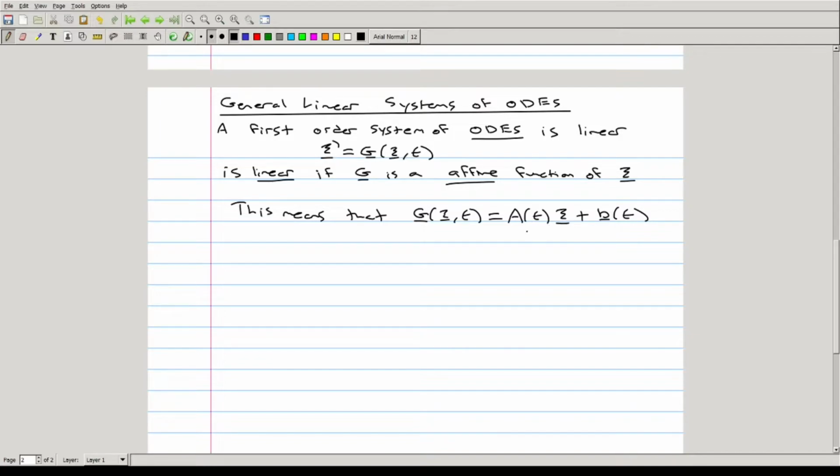So A of t is a matrix of functions, and B of t is a vector of functions. So it's a vector valued function. And the differential equation will look like xi prime is equal to this matrix, A of t multiplied by xi plus B of t.